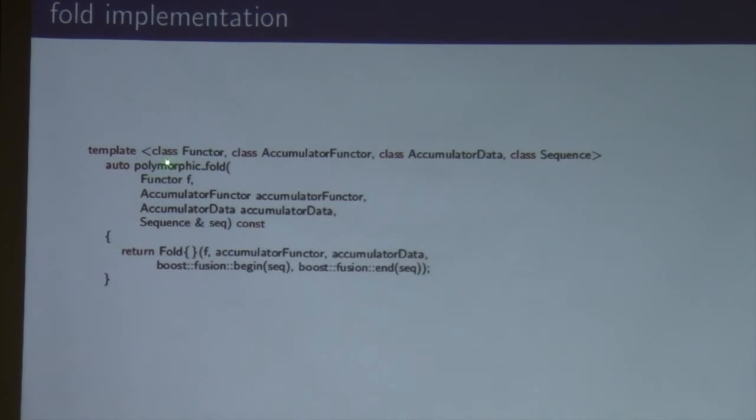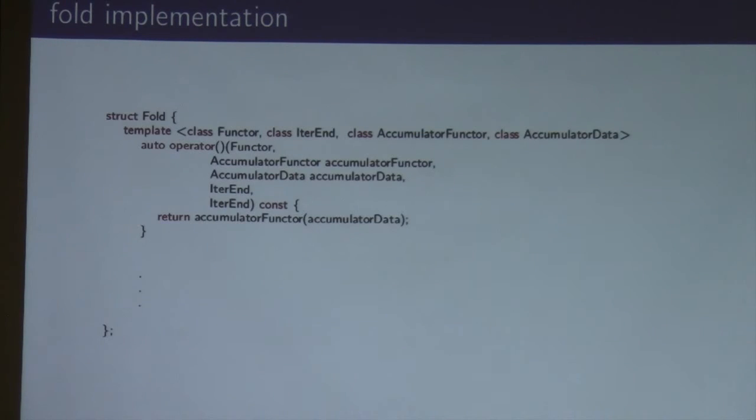Normally fold takes a functor, accumulator, and sequence, and now our polymorphic fold is going to take an accumulator functor and accumulator data instead of an accumulator. What it does is delegate all of the work to this fold. Here this fold takes a functor, accumulator data, and two iterators to the beginning and the end of the sequence. So now we are going to focus on the implementation of this fold.